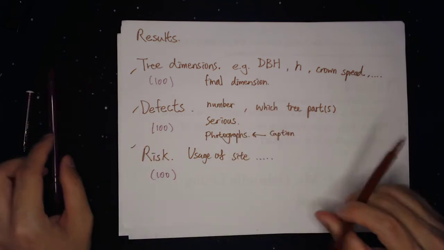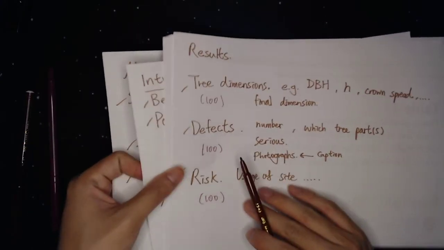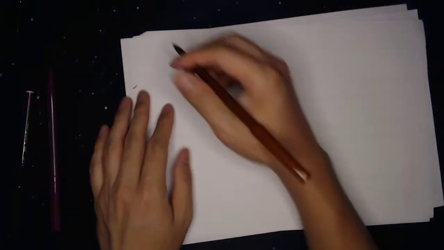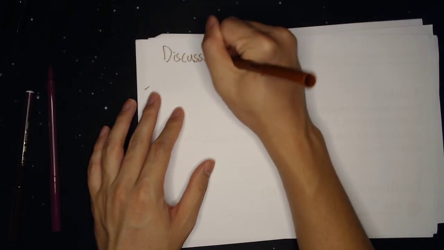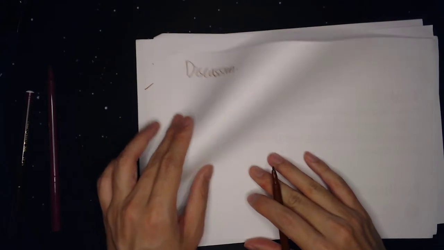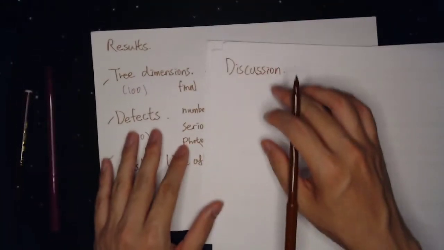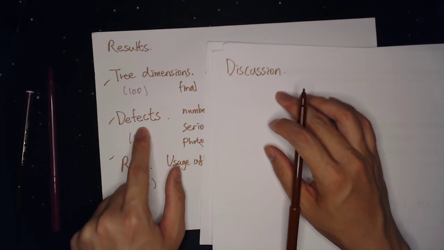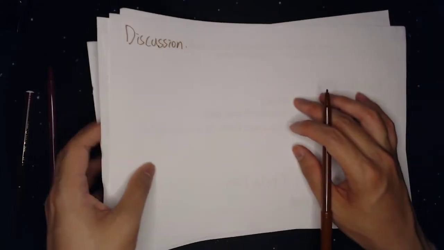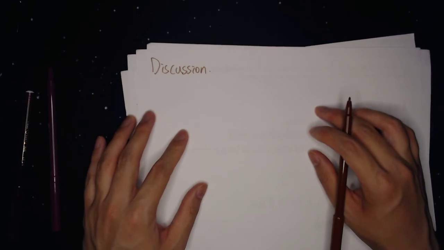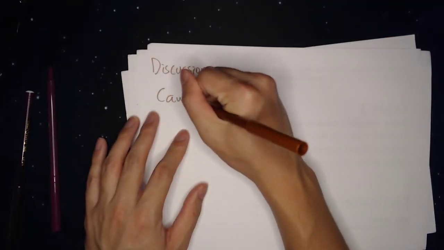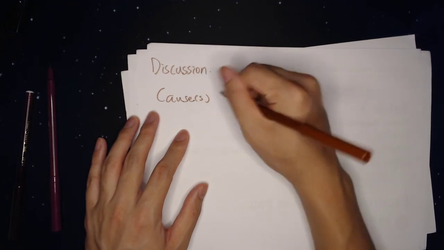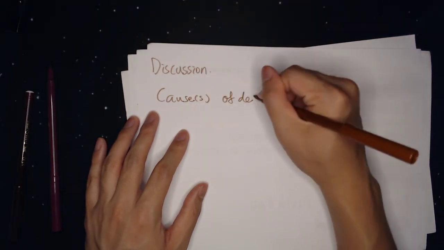You can do the same for the next section, which is called discussion. You remember that in the results section, you have talked about defects. And in discussion, you may try to probe into the cause or causes of defects.